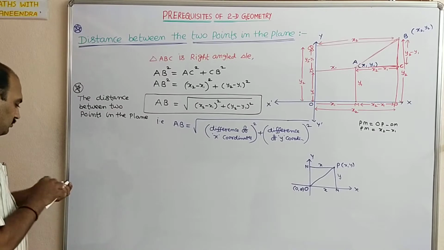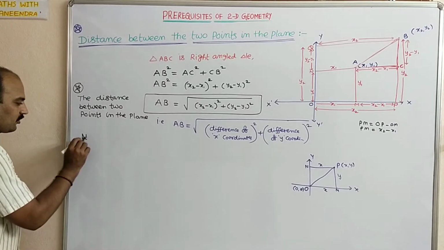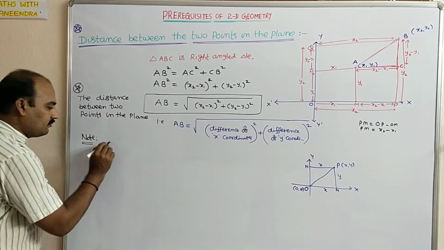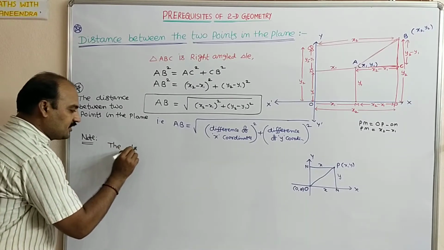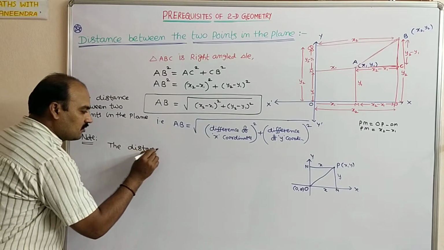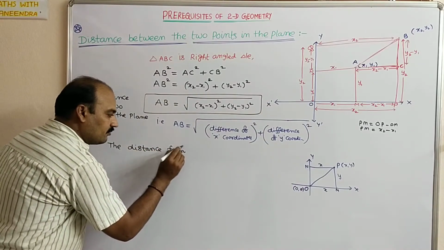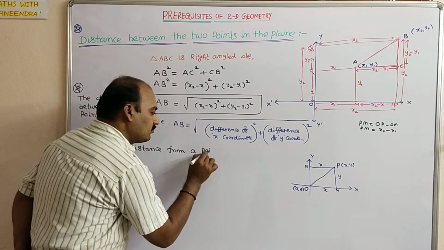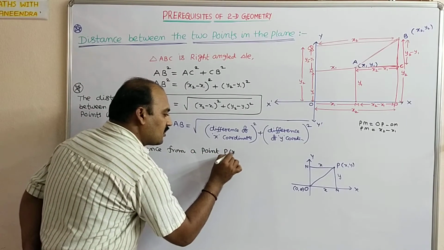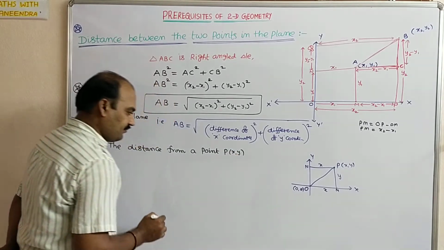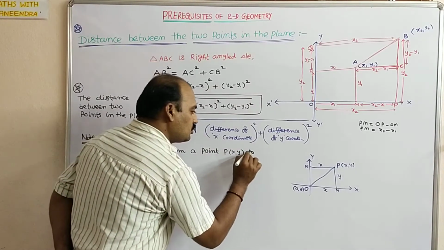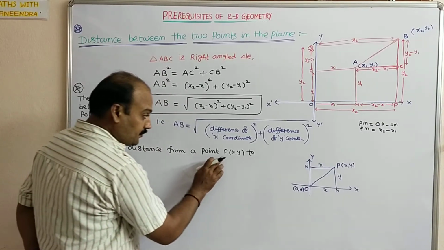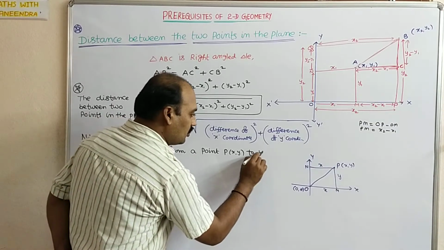So note the distance from a point P of x comma y to the origin.